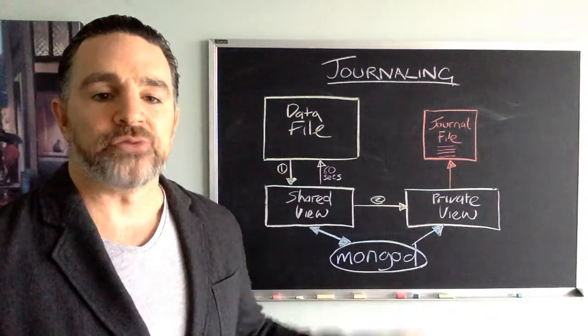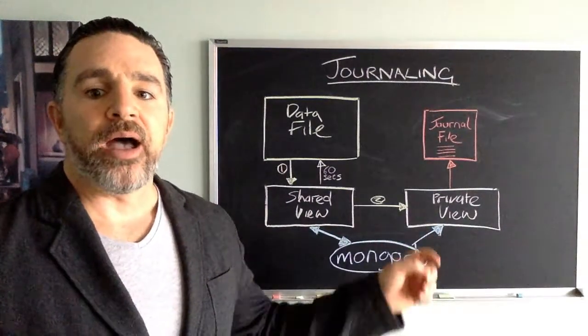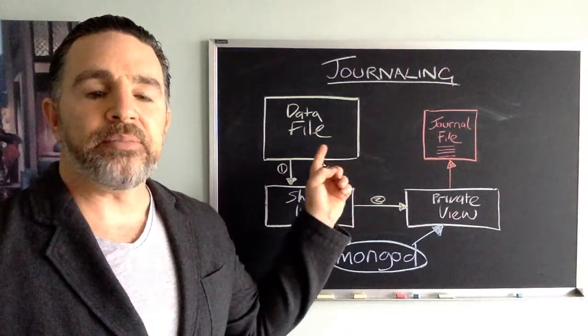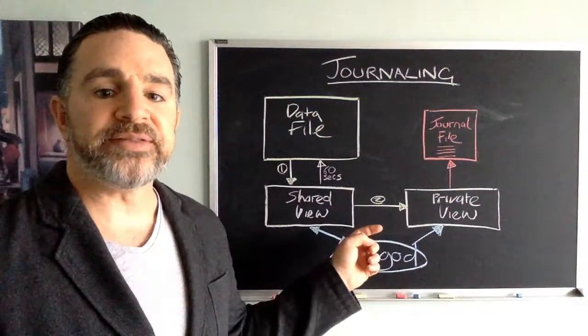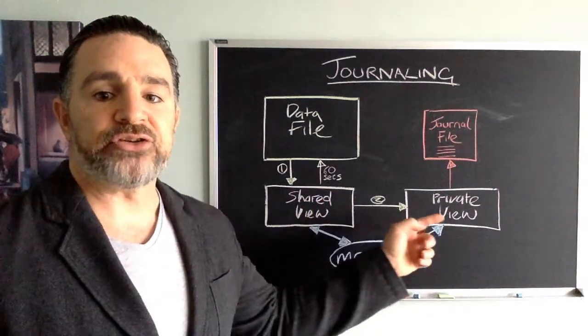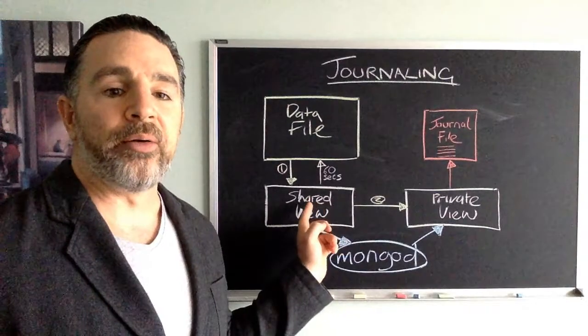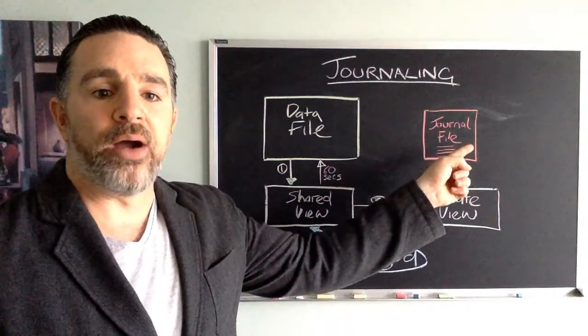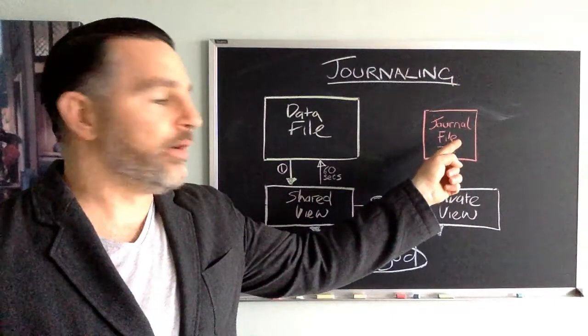Now, this journal file isn't actually storing data, it's just storing a list of all of the operations that you have requested. The great thing about keeping this journal file is that at any time, if your server goes down, our shared view and private view are held in memory, so they're going to be wiped, but we're still going to have our journal file because this is held on disk.